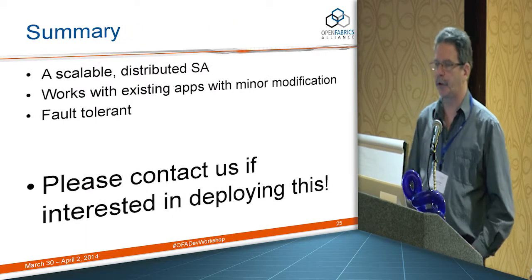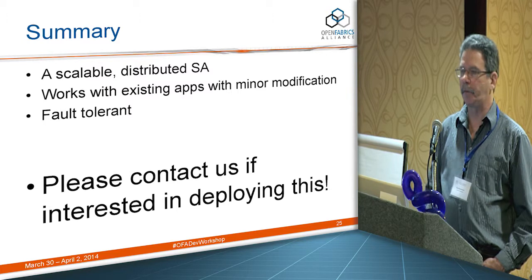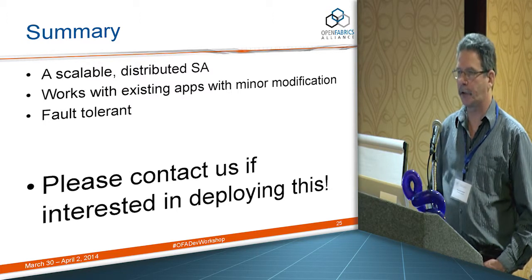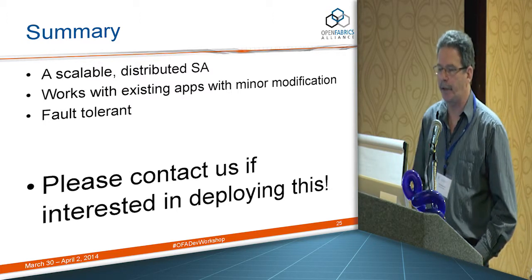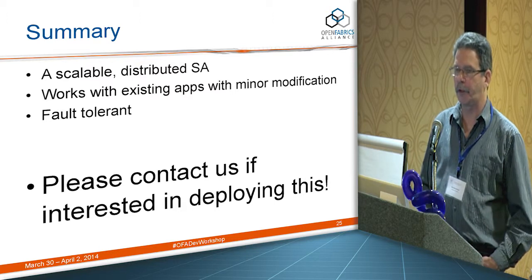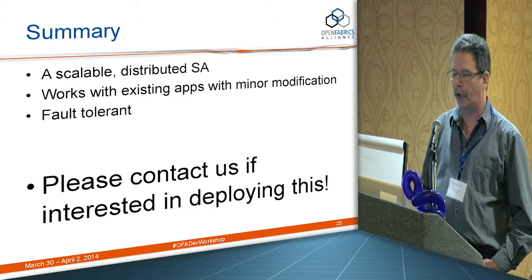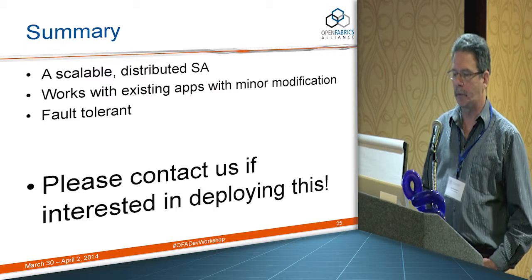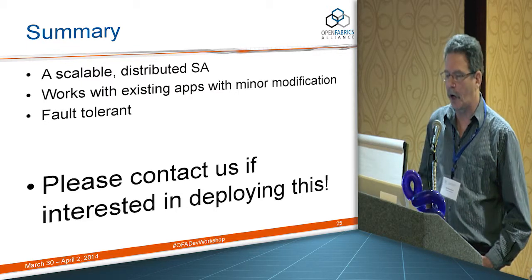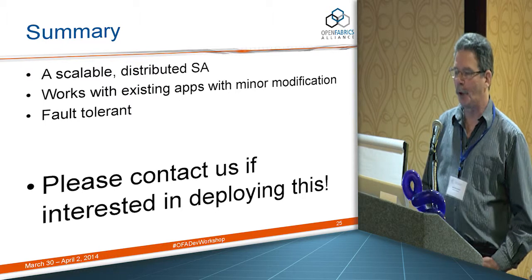So in summary, this turns a centralized SA into a scalable distributed SA. It works with existing apps that use lib RDMA-CM with minor modifications. It's going to be a fault tolerance scheme.